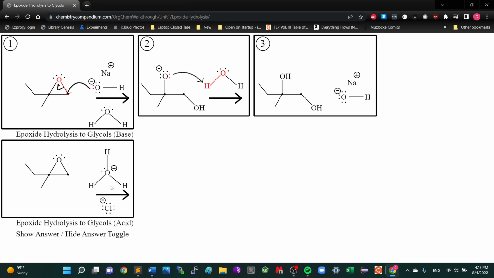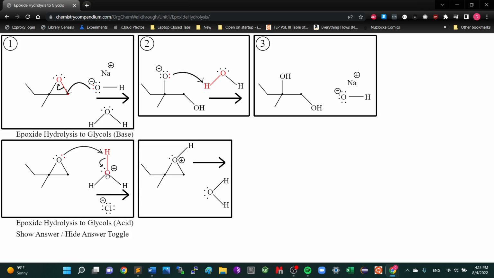So in the case of the acid catalyzed reaction, we see we have our epoxide with these 2 lone paired electrons. So one of the lone pairs is going to deprotonate our hydronium because we know that the hydronium is the proton donor. We see the curved arrow notation for that.